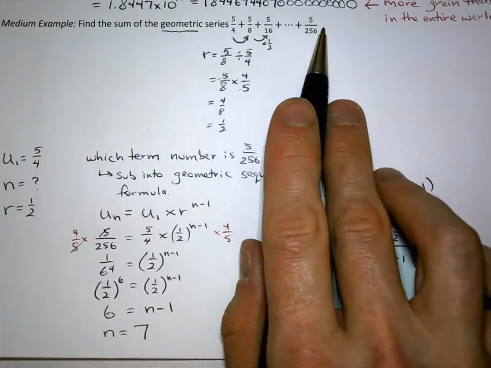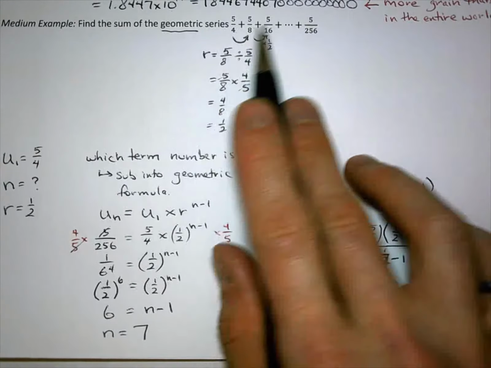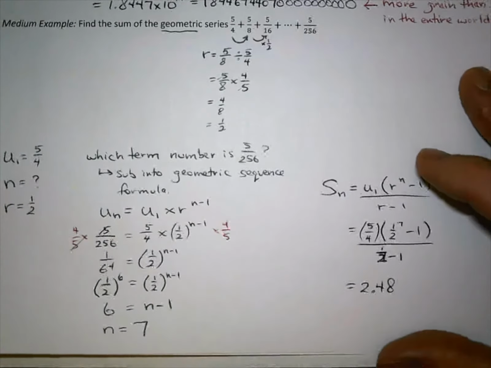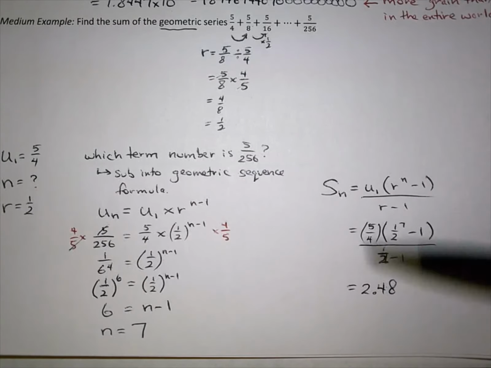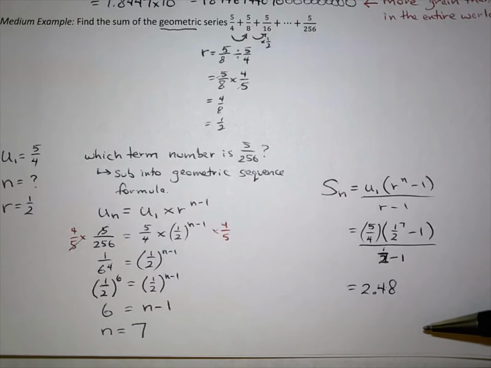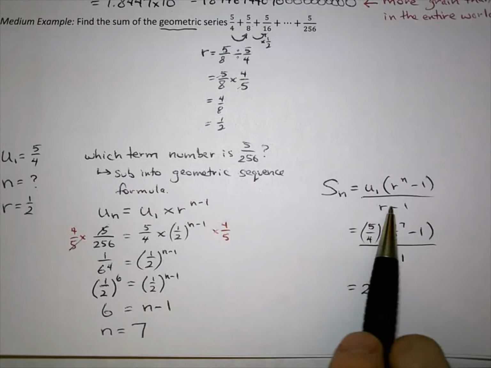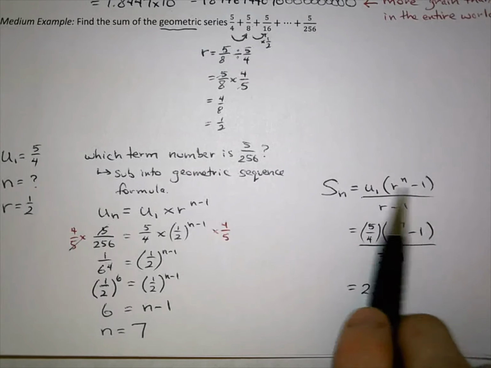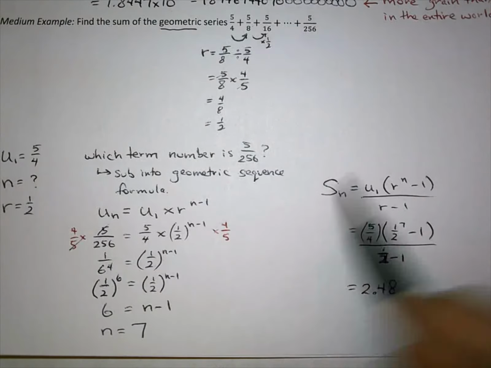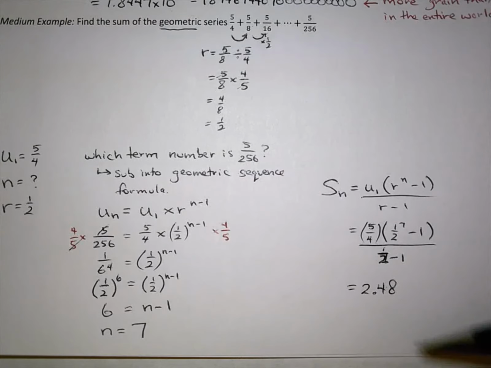So these terms are getting smaller and smaller. So the sum is not going to be this huge number. You could have solved this by hand using the fractions, but you basically are getting a small number. Sometimes you see the sequence or the series formula written backwards, where the negatives have been factored out of the numerator and denominator. It gives you the same answer, so that's fine.